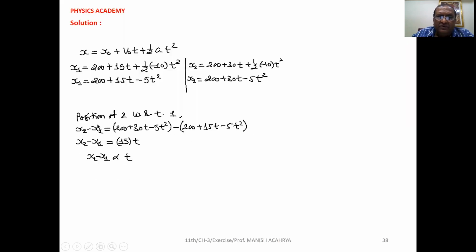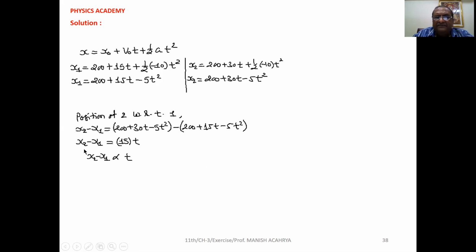Now we want the position of 2 with respect to 1. So x2 minus x1 is equal to 200 plus 30t minus 5t square, minus (200 plus 15t minus 5t square). So the 200 minus 200 cancels. 30t minus 15t is 15t, minus 5t square plus 5t square again cancels.